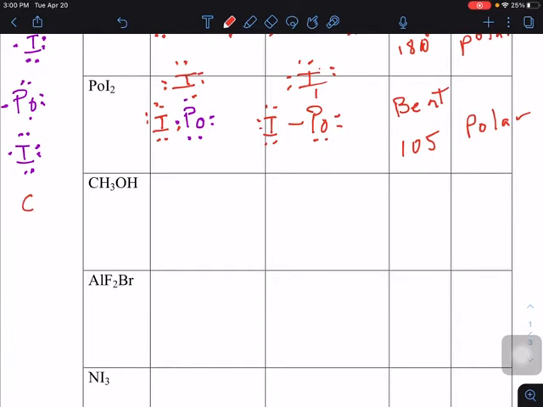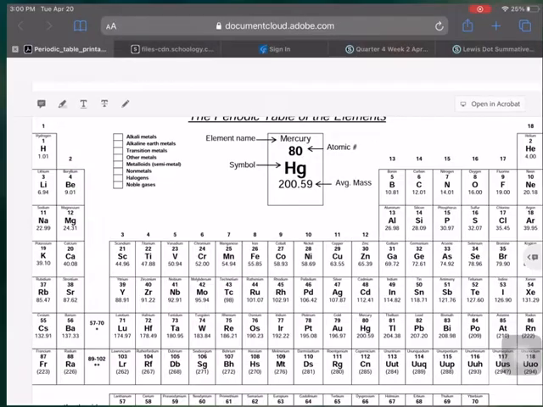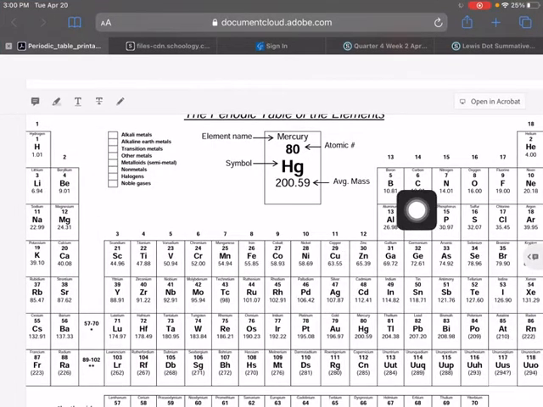Okay. Next one we have is CH3OH. So we've got carbon, hydrogen, and oxygen. Carbon is group 14, 4 valence electrons. Hydrogen is group 1, 1 valence electron. Oxygen is group 16, 6 valence electrons.